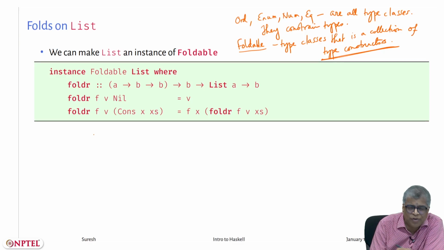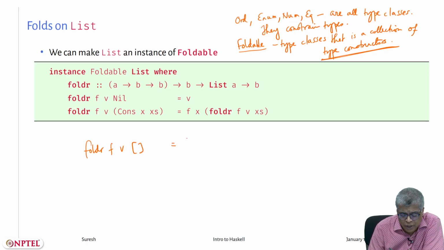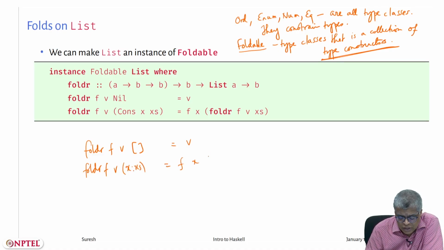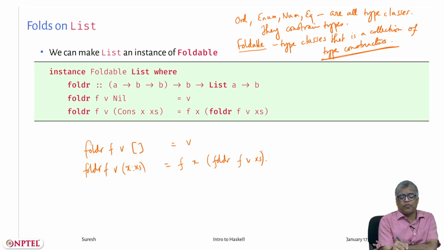Recall that the foldr definition for the built-in list was: foldr f v [] = v, foldr f v (x : xs) = f x (foldr f v xs). Instead of colon you use cons, and instead of the empty square brackets you use nil.